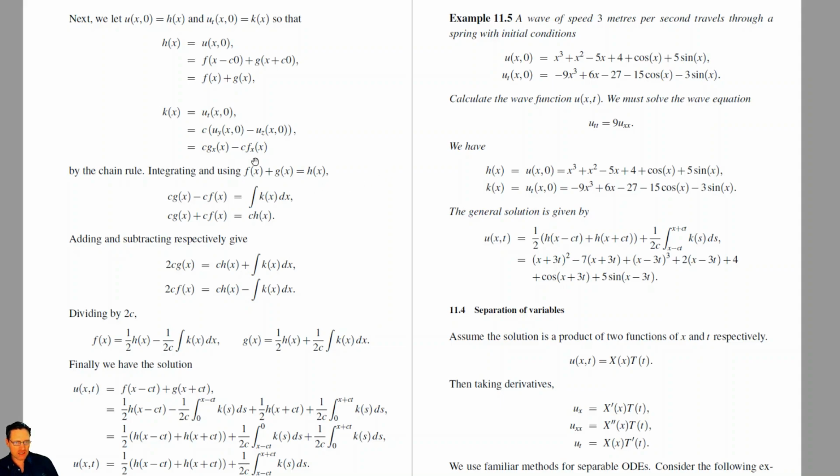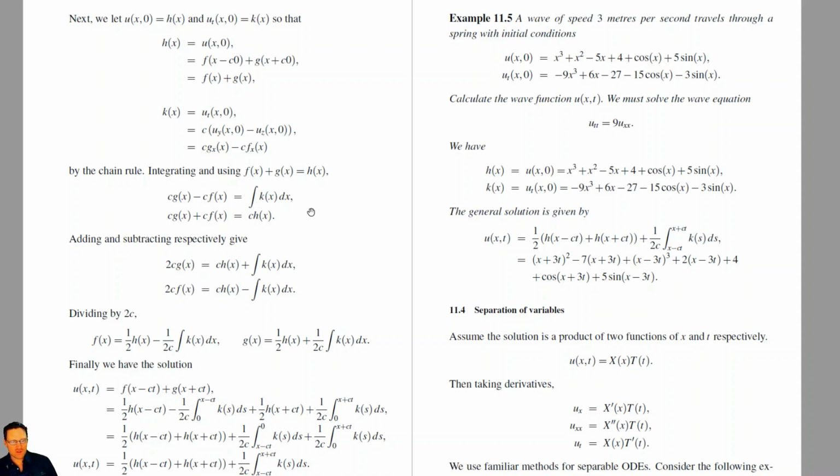So integrating and using these two expressions, the top one comes from this, k of x equals c times that difference. And so we just integrate that line with respect to x. And then the second line is just f of x plus g of x is h of x.